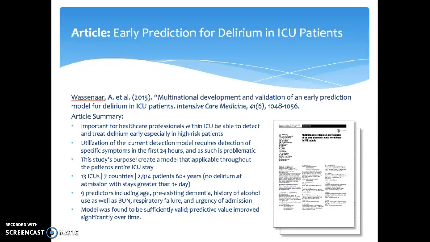Because it is so important for healthcare professionals to detect delirium early, especially in high-risk patients, a study was done to see if a model could be created that could be used throughout a patient's time in the ICU, rather than just the first 24 hours. The study took place in 13 ICUs across 7 countries, and out of more than 5,000 initial patients, 2,914 were used.